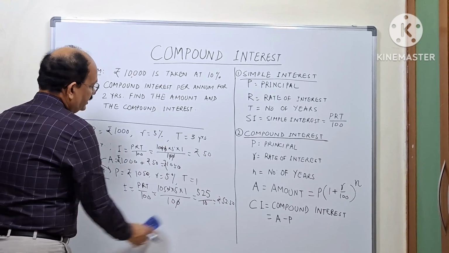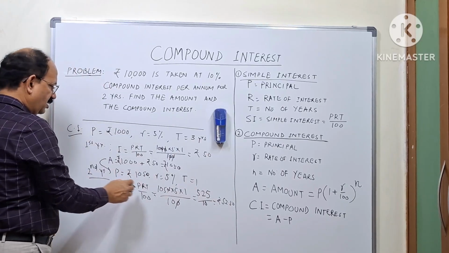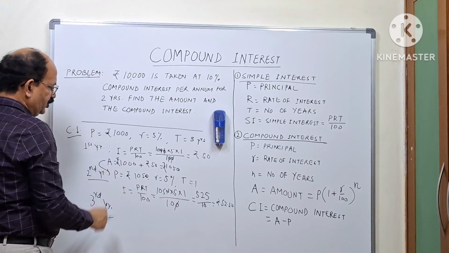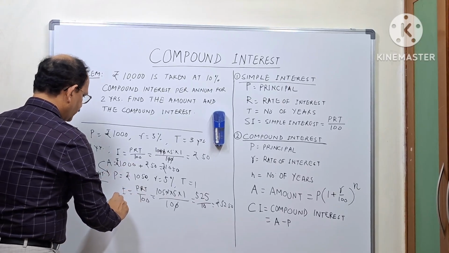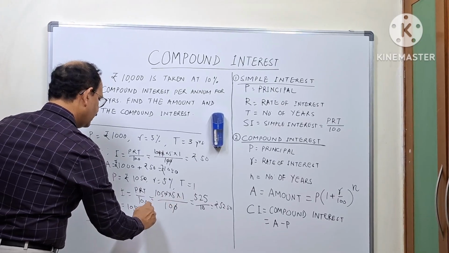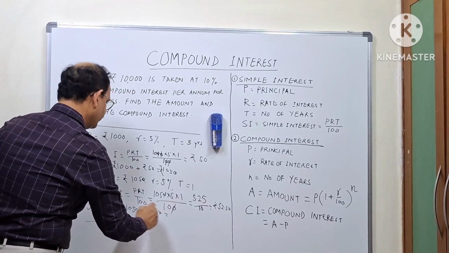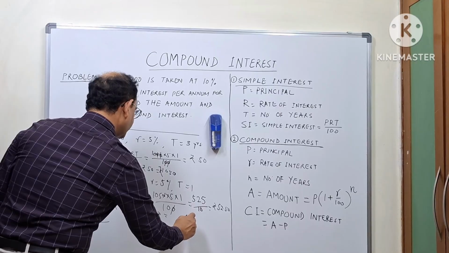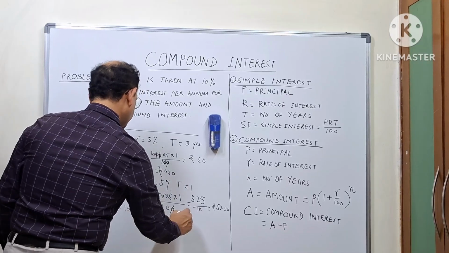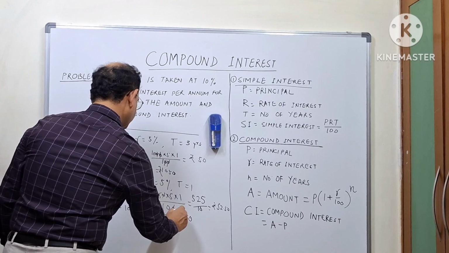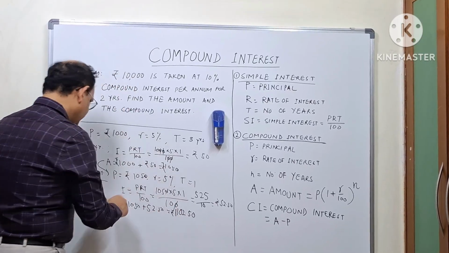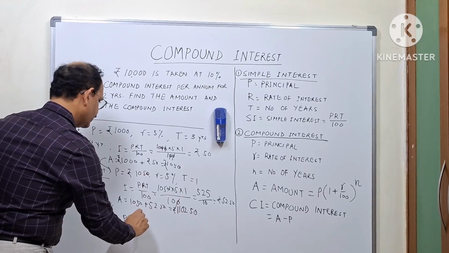With the same logic, we get the interest of the third year also, but again the principal will change. The amount at the end of the second year will be 1050 plus the interest earned in the second year, which is 52.50, and therefore the amount becomes 1102.50, and this becomes the principal for the third year.